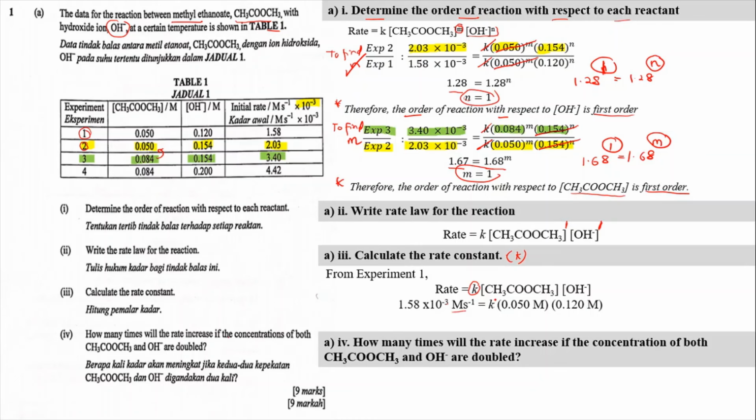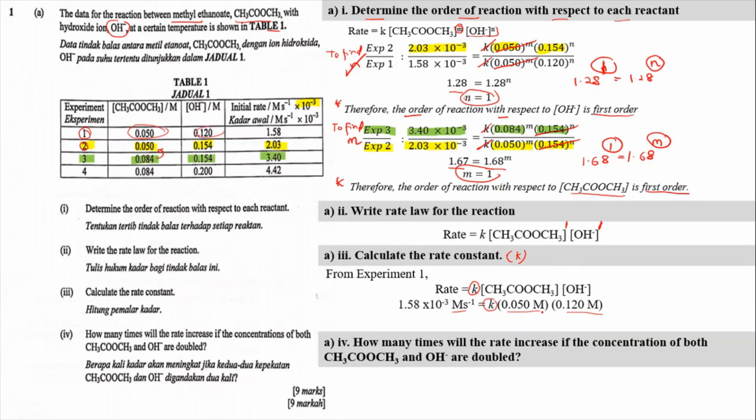And then I need to find my K. And then the concentration of the methyl ethanoate is going to be 0.050. And then my concentration of hydroxide is going to be 0.12. Okay, so I can divide my 0.050 to this side and 0.120 into the other side. So at the end, I'm going to get my K is equal to 0.2633 per mole per second.